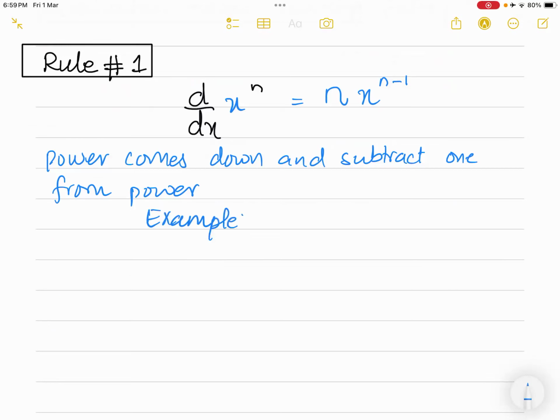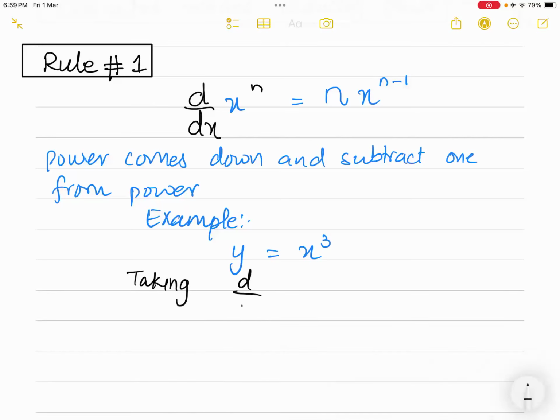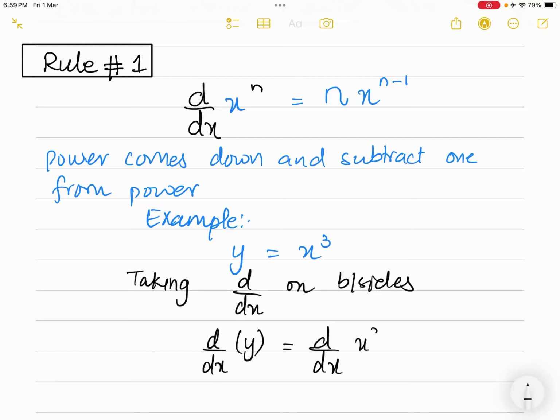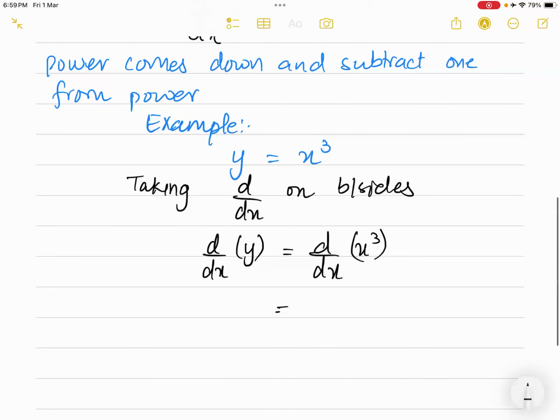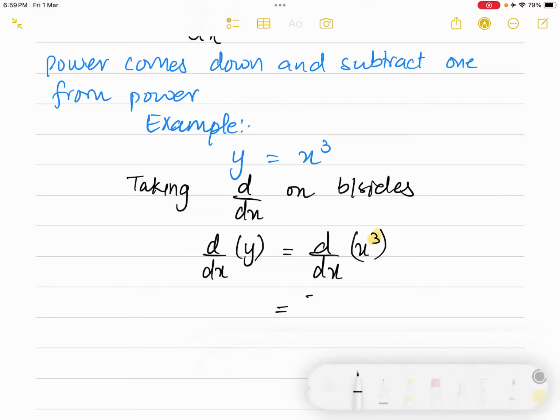Rehan, can you hear me? Yes, sir. Right. For example, y is equal to x power 3. Taking d by dx on both sides, it would be d by dx of y equals d by dx of x cube. As I said, the power comes down, so this 3 will come down, we write x, and we subtract 1 from the power.